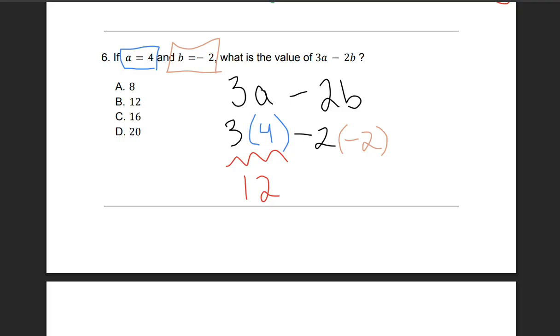We are also multiplying what's on the right. Negative 2 times a negative 2. Sign rules. 2 negatives will make it into a positive, and that will be a 4. And then to wrap it up, add those together. 12 plus 4 is 16. We could then find our answer is C.